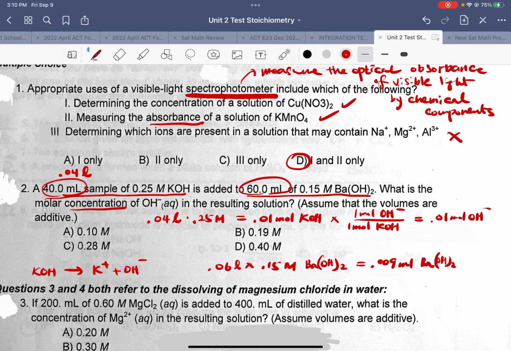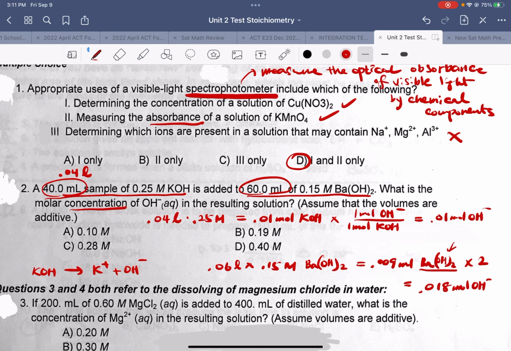But here's the thing: 1 mole of barium hydroxide has 2 moles of OH ion, so this will be times 2. So you're going to have 0.018 mole of hydroxide ion OH minus.